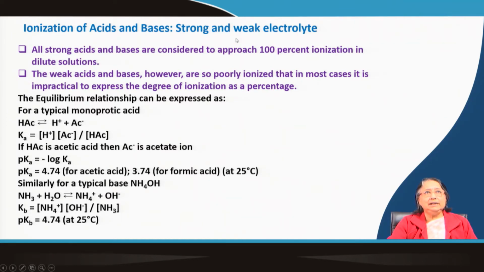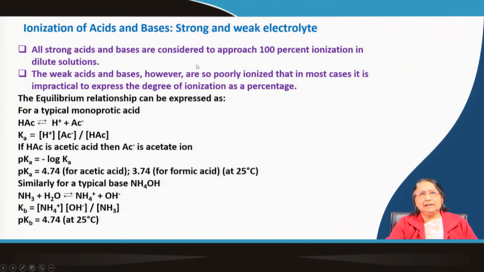This is not only true for acids, but for bases also. Those which are strong are called strong electrolytes, and those which are weak are called weak electrolytes. And depending on the degree of dissociation, the acidity will come differently in the solution.